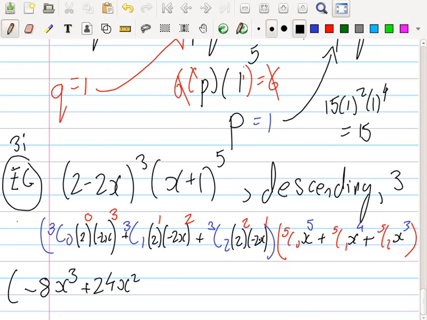2 squared is 4 times 2 is 8, and then what's 3C2? Can somebody tell me this? Minus 40x. Why am I typing this in? You've all got calculators. Come on. 3C2 times 4 times minus 2.